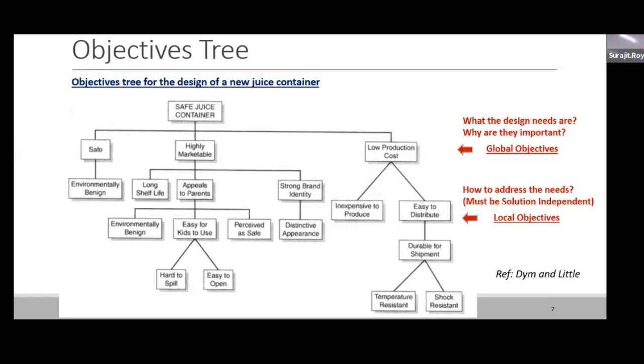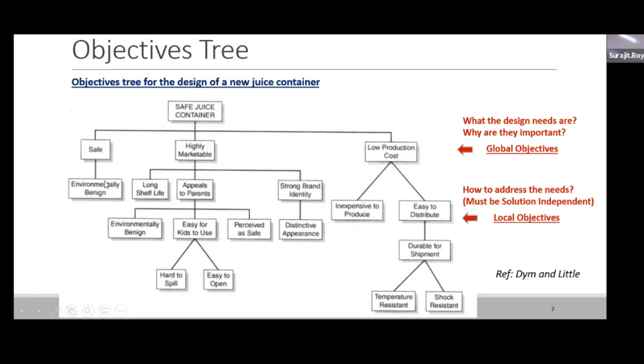I'm not going into the details of what this tree is made up of, but you can see from here itself, I'm listing specific bullet points: it has to be safe, it has to be environmentally benign, it should have a long shelf life, it must appeal to parents, and it should use reusable or recyclable materials, and so on. It is nothing but coming up with those ideas and then arranging them in a tree-like structure, and there is a pattern in the arrangement.